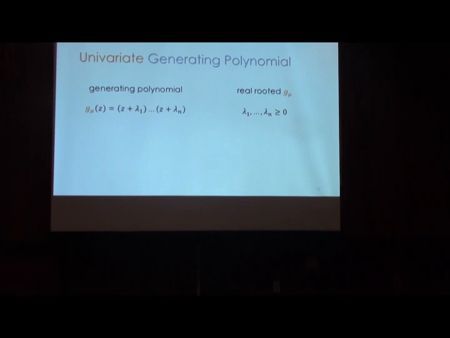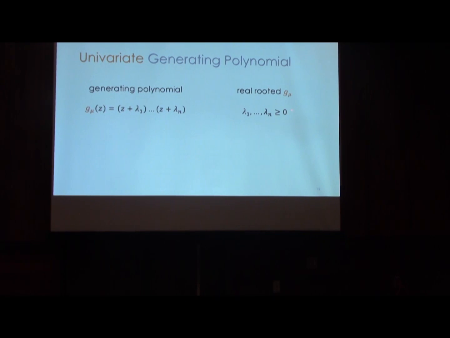Then you can actually see that for the coefficients of this polynomial to be positive, you have to have lambda i's positive. That's not true if some of the lambda i's are complex. This is only true if all of the lambda i's are guaranteed to be real. Positivity of coefficients is equivalent to the positivity or the negativity of the roots.